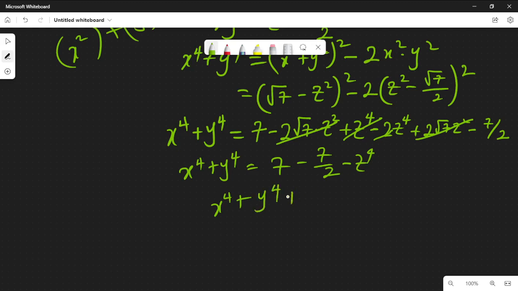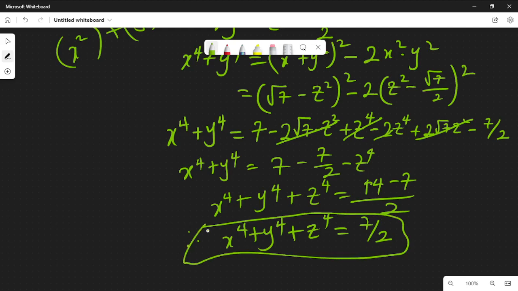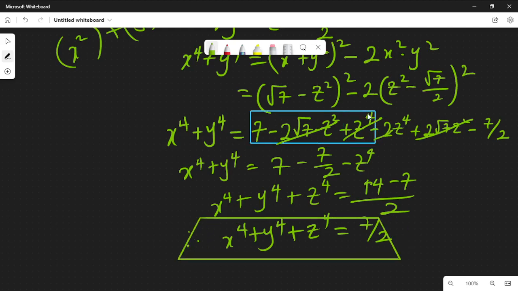So transfer this to this side, we have plus z to the power of 4 equal to 14 minus 7 over 2 when you find the LCM. So for that reason, we have that x to the power of 4 plus y to the power of 4 plus z to the power of 4 equals 7 over 2. And that is just the answer to that particular question.